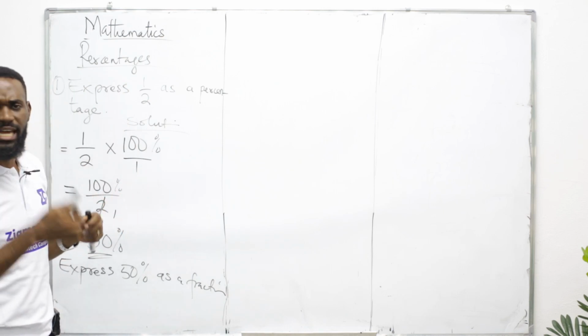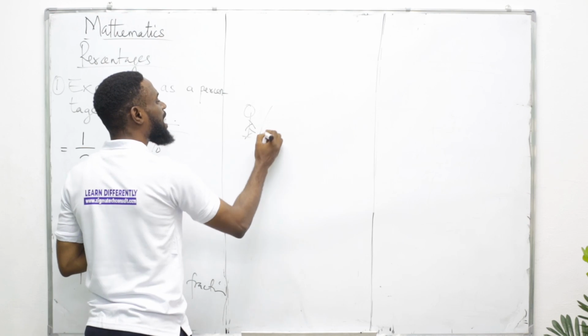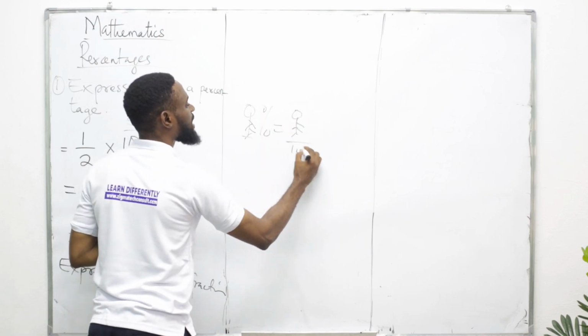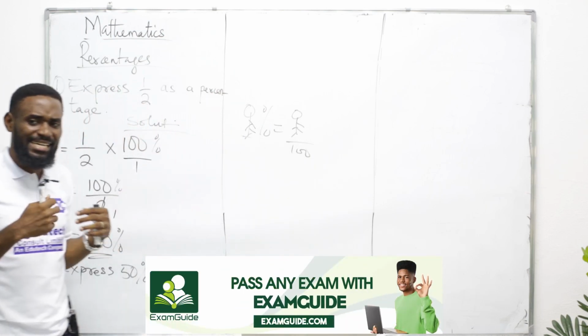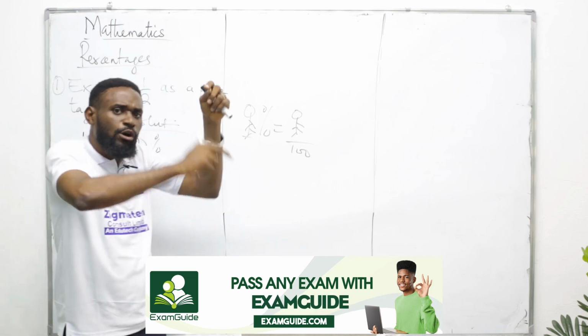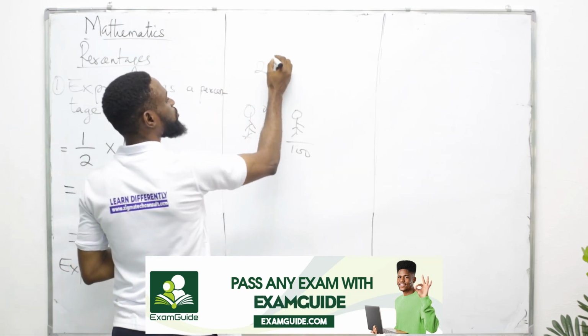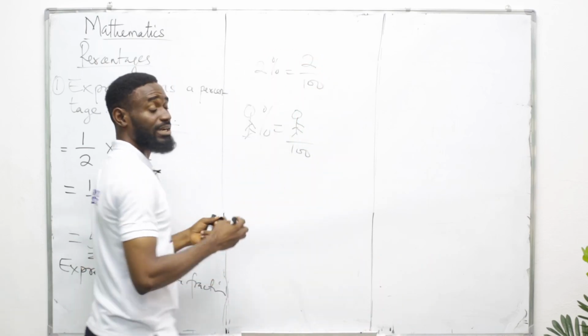Remember, I told you that percent means what? Over 100. Is that not what I said? So anything that has percent means that thing divided by 100. I also gave you 2% today, and I told you it is 2 over 100.